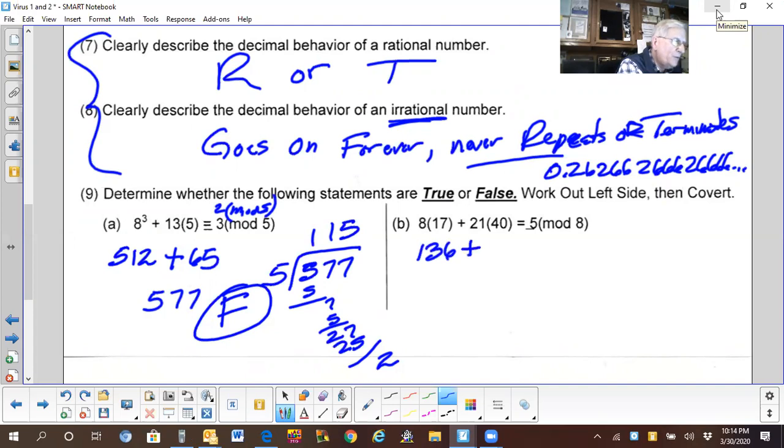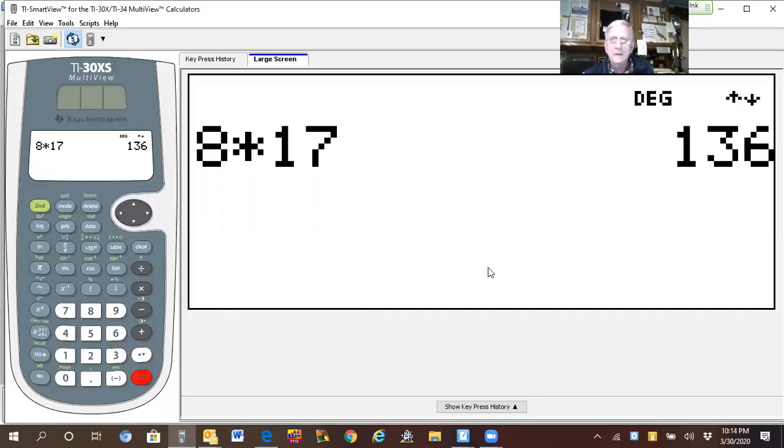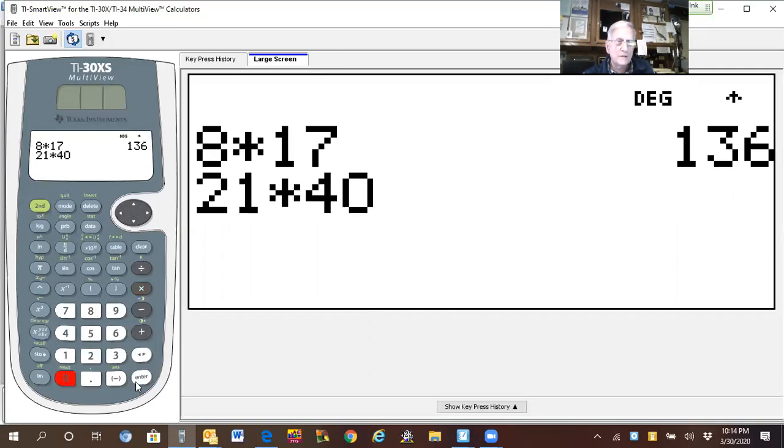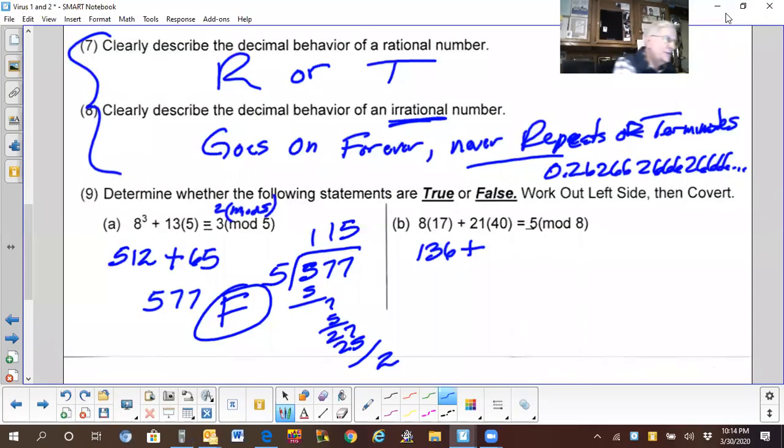I'm now going to do 21 times 40 on the calculator. So I will do 21 times 40. And I got 840, okay? So I go back.